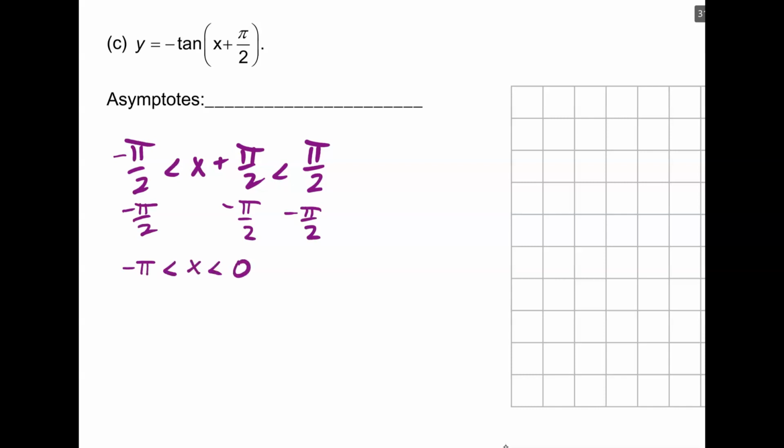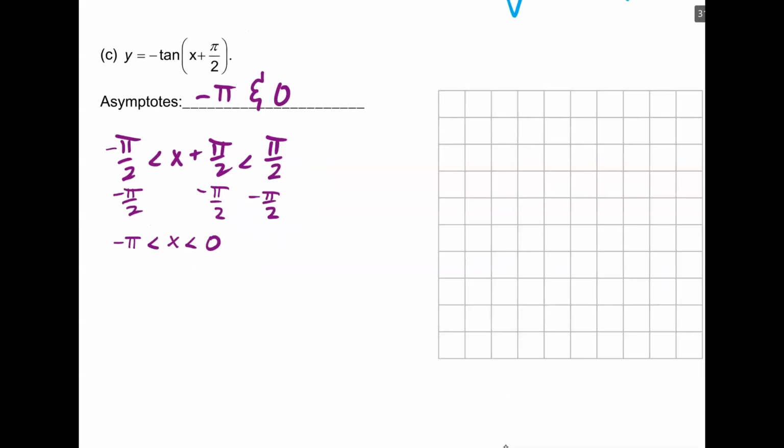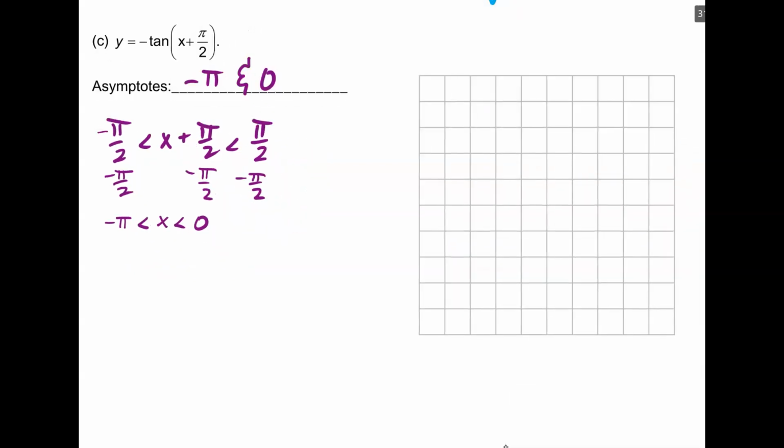Interesting. So my 2 endpoints, the 2 ends of my inequality, those are my asymptotes. So negative pi and 0. Okay, solve inequality, check. Graph the asymptotes. I'm just going through the method, the 4 steps. First, solve inequality. Second, graph asymptotes.